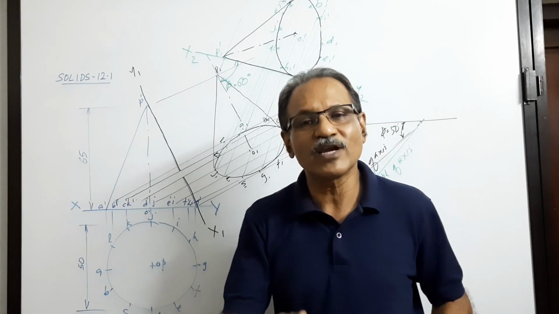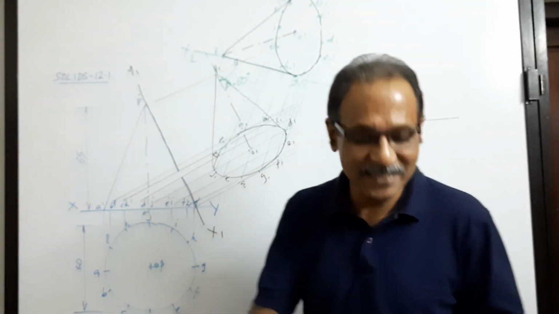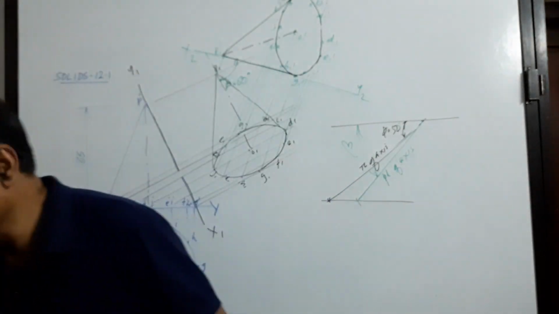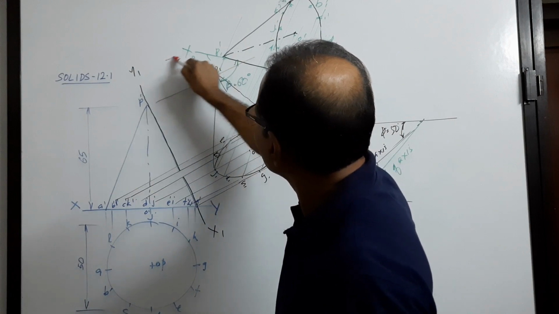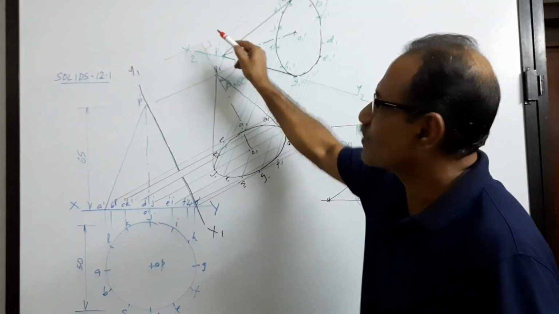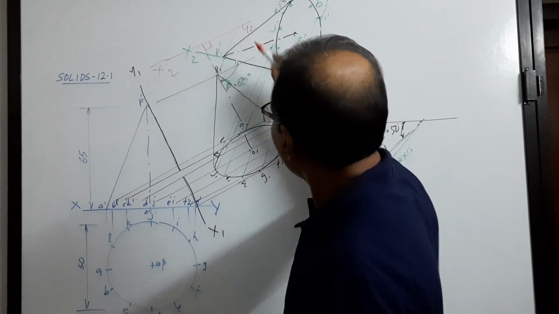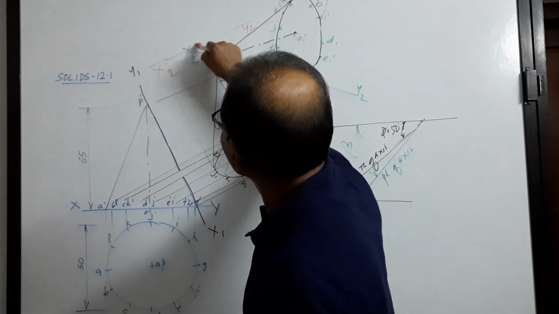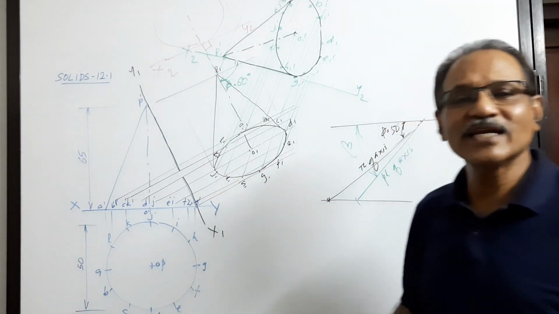When the axis is in the profile plane, beta is 90. That means x2 y2 is drawn at 90 degrees to the plan of the axis. This is x2 y2, and you can draw an elevation there.